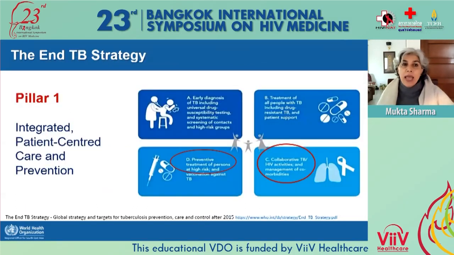If I share with you the NTB strategy, you can see that there are very clear areas where we're talking about preventive therapy for people at high risk. That is giving TPT, TB preventive therapy for people living with HIV, as well as collaboration of HIV and TB services and the management of comorbidities.